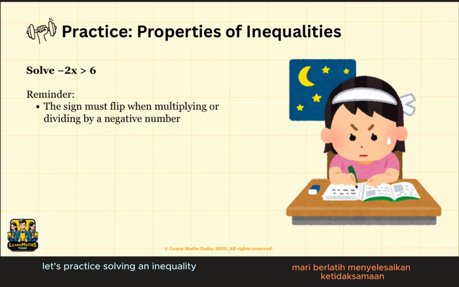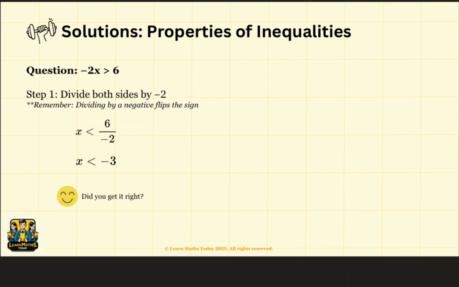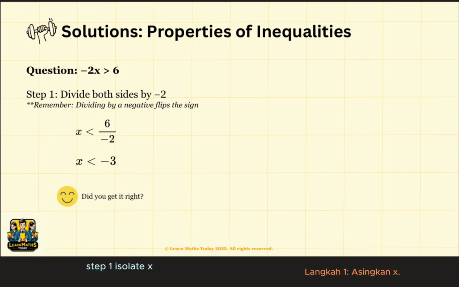Let's practice solving an inequality using the rules we have just learned. Solve negative 2x greater than 6. Always remember, the sign flips only when multiplying or dividing by a negative number. Let's go through the solution step by step. Step 1.